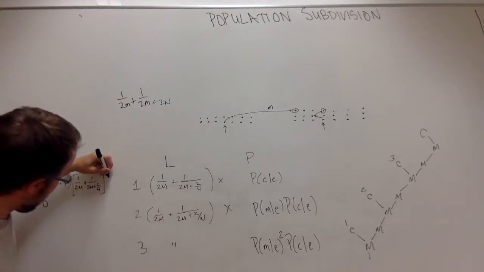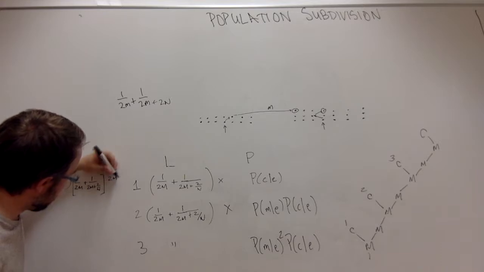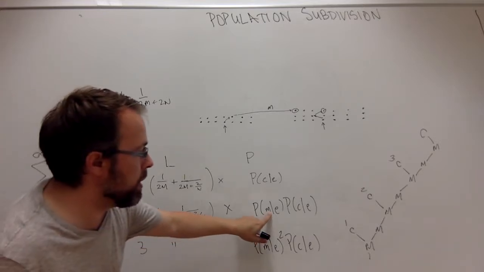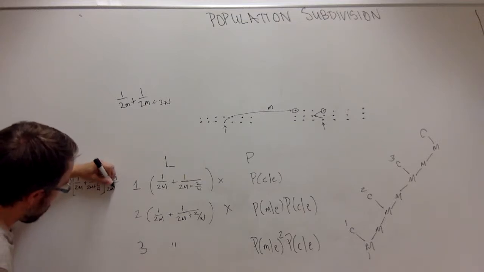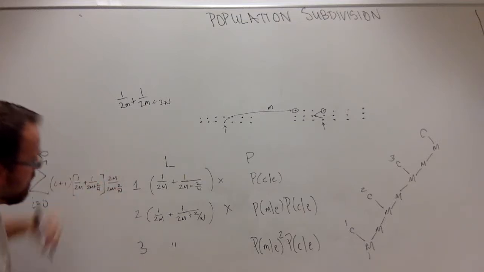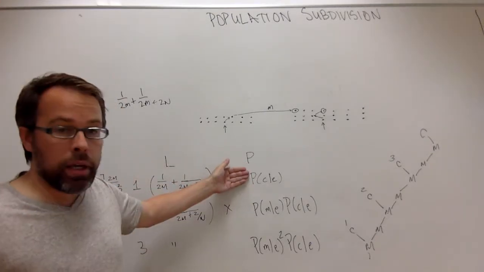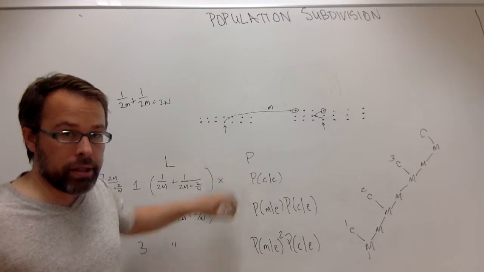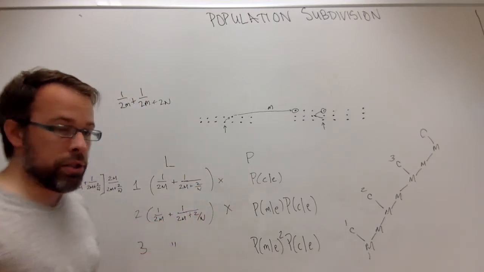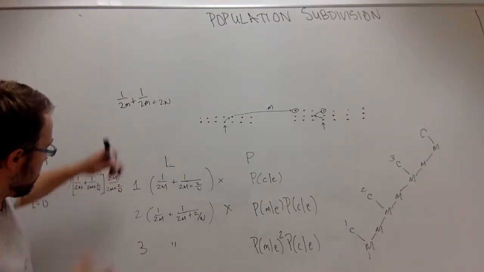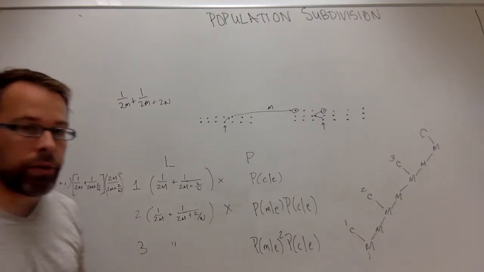This is the probability of migration given that it's an event, which is probability that it's migration given that there's an event. And that gets raised to the ith power. For our first term, it gets raised to the 0, because it's not there. For the second term, it gets raised to the 1 and to the 2. So when i is 0, it gets raised to the 0. When i is 1, it gets raised to the 1, and so forth.